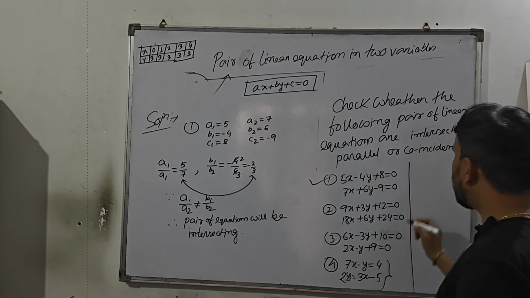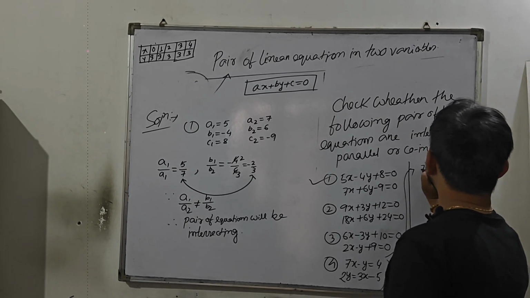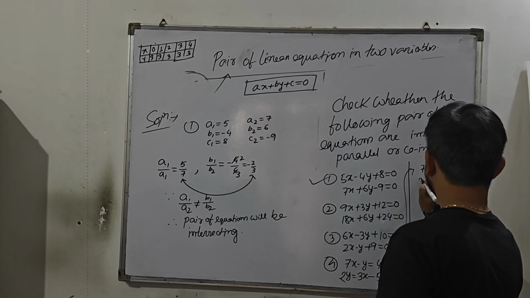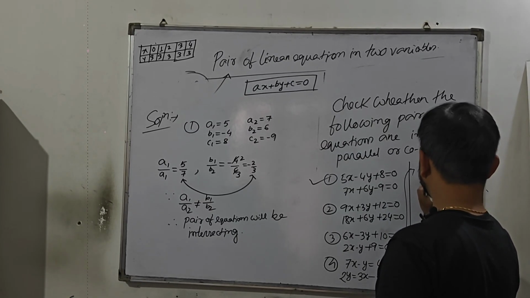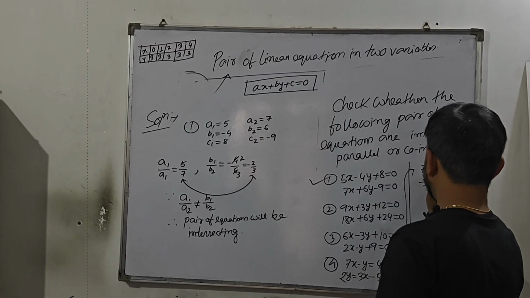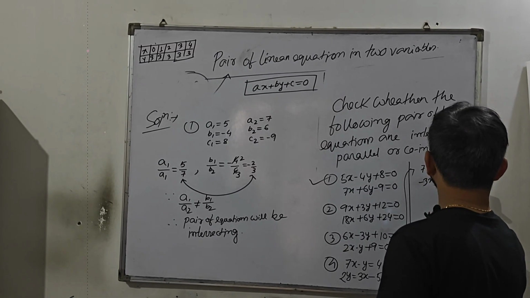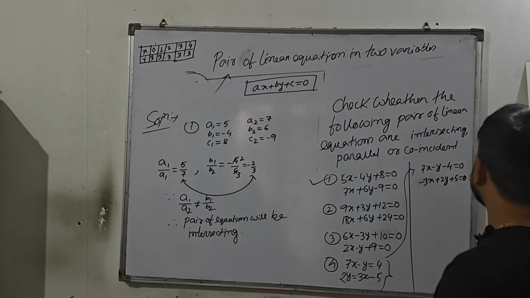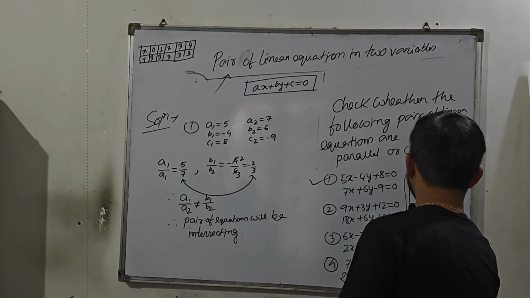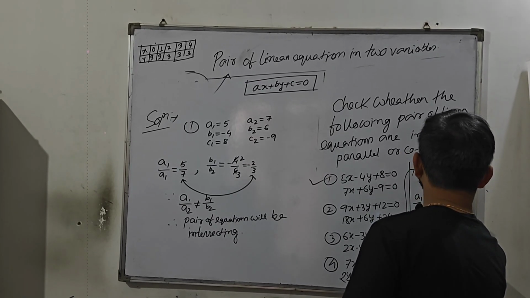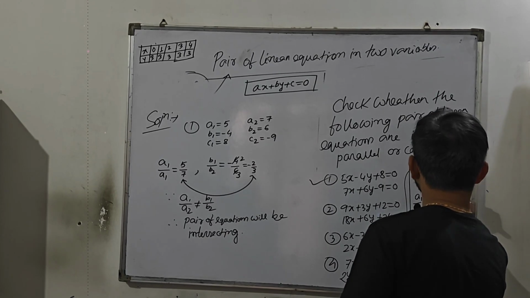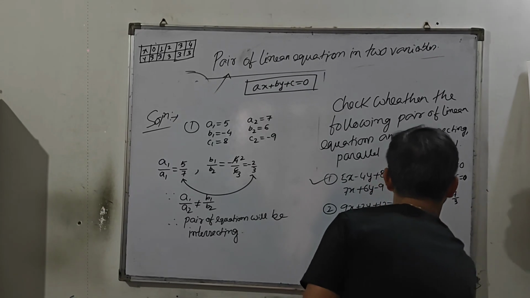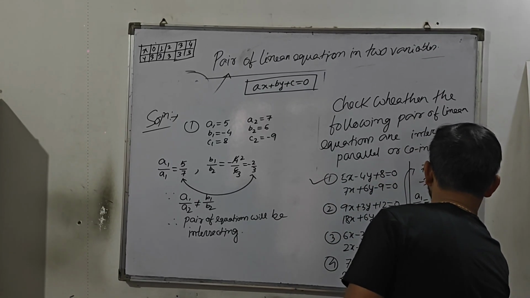Here it is not arranged well, you have to arrange it properly. 7x minus y minus 4 equal to 0. Minus 3x plus 2y plus 5 equal to 0. a1 by a2, 7 by minus 3, that means minus 7 by 3. b1 by b2, minus 1 by 2.